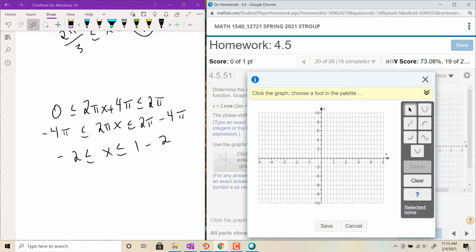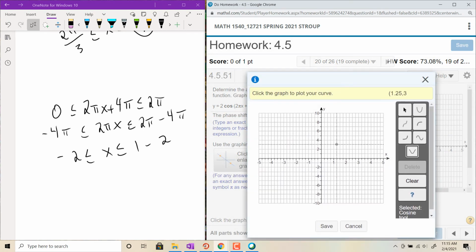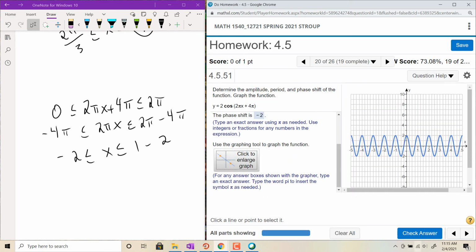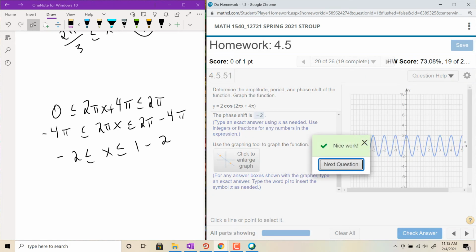Graph the thing, cosine, amplitude of 2. And period, what did I say? 1, horizontal shift, 2, save, check answer, yay.